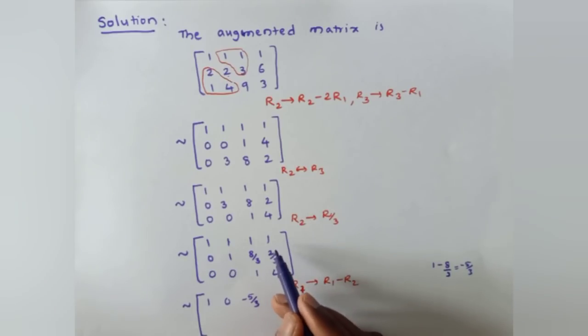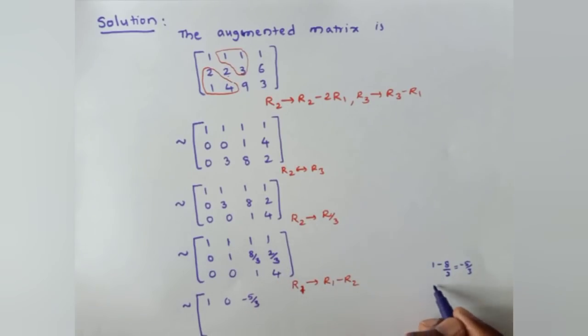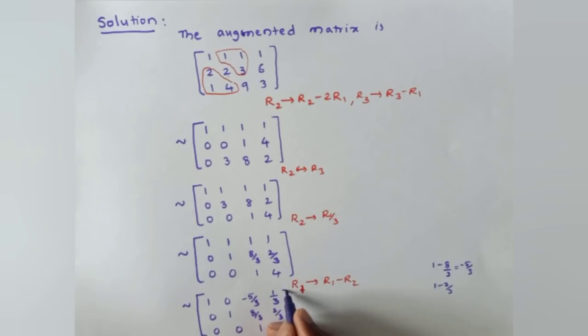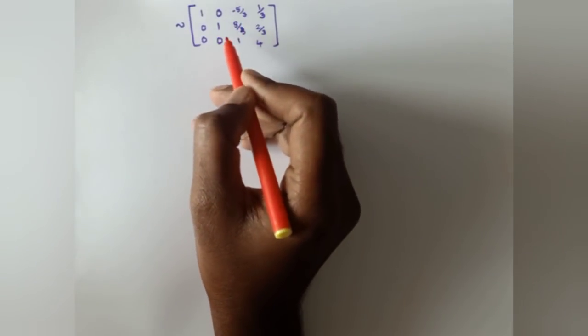Next, 1 minus 2 by 3, that is 3 minus 2 by 3, that is 1 by 3. Now there is no change in the second row, that is 0, 1, 8 by 3, 2 by 3. 0, 0, 1, and this is 4. So the second step is done.